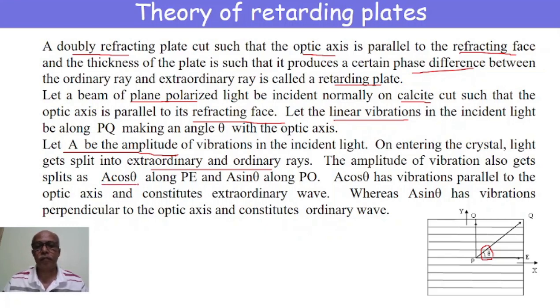A cos theta represents the vibrations parallel to the optic axis and therefore constitutes the amplitude of the extraordinary wave, and A sin theta represents the vibrations perpendicular to the optic axis, and this constitutes the amplitude of the ordinary wave.